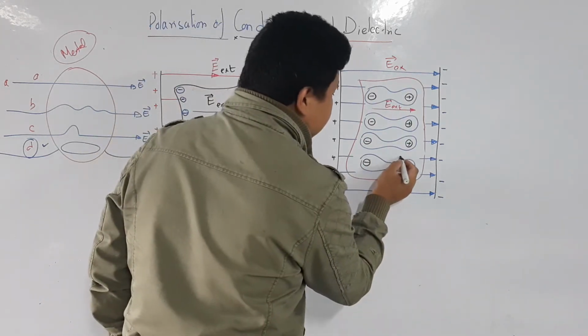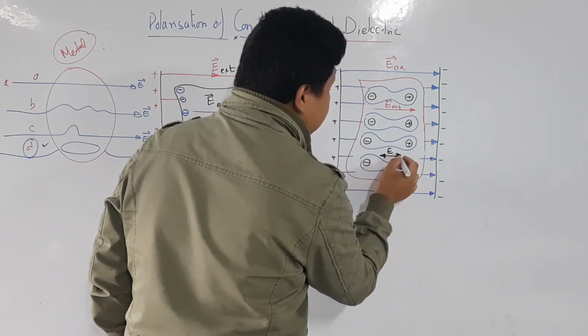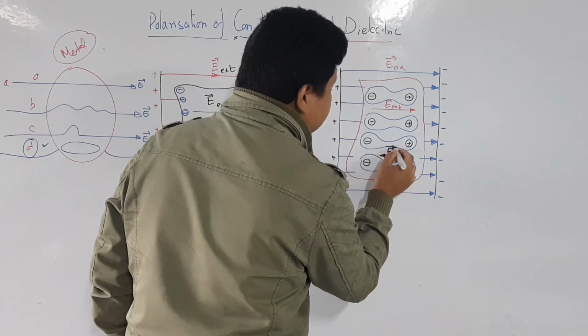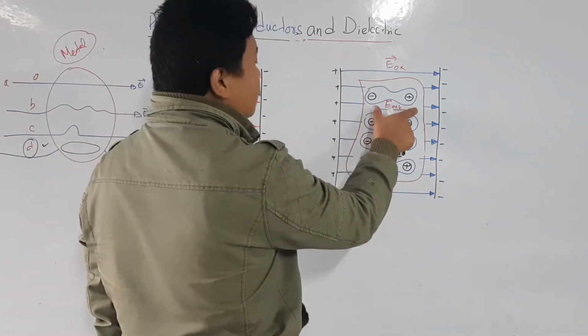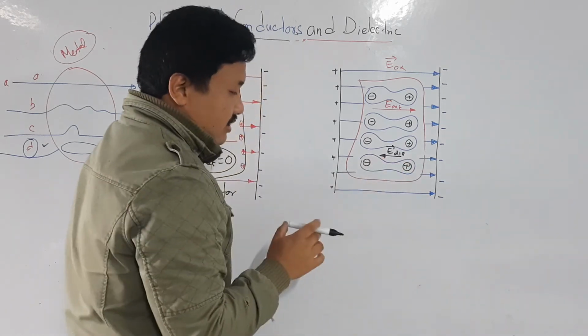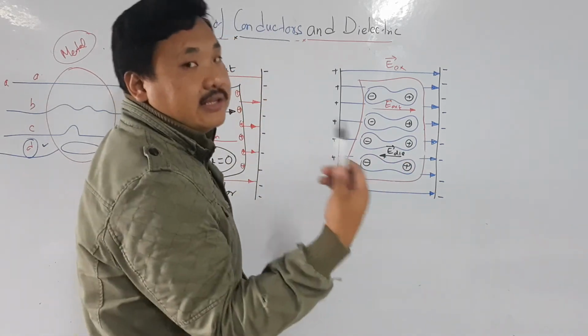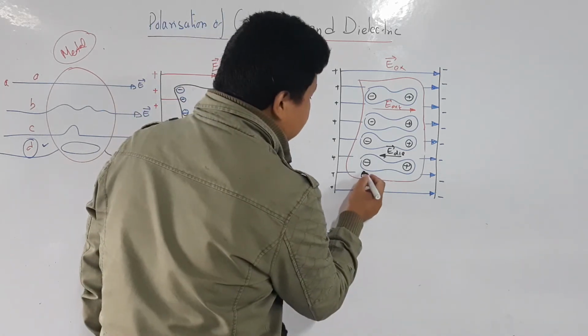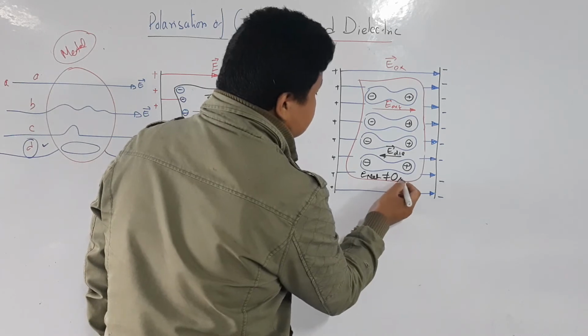This is also an electric field due to the dielectric. But if you see, this is long and this is short. One is going in this direction, another is going in this direction, but they are unequal. So E net inside is not equal to 0.